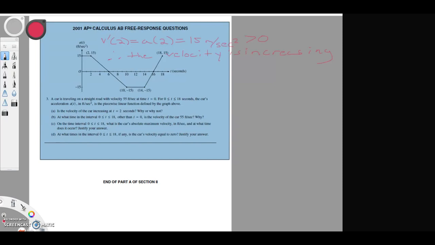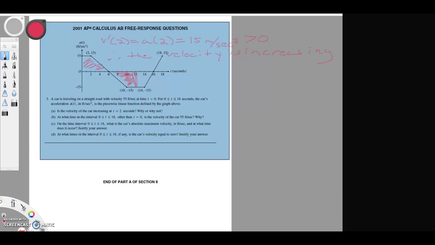So you need the negative area to be the same as the positive area, which is here. It looks like it's going to be about here, about 12-ish. Now let's look: 1, 2, 3, 4, 5, 6, and 1, 2, 3, 4, 5, 6. 15, 15. Yep, it has to be there.